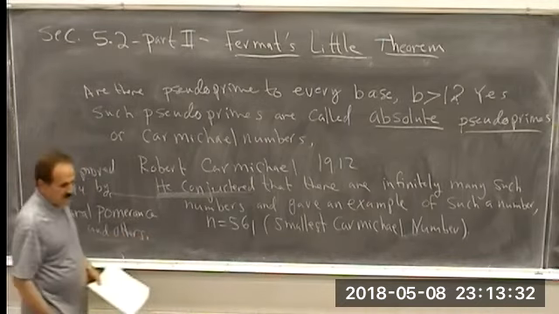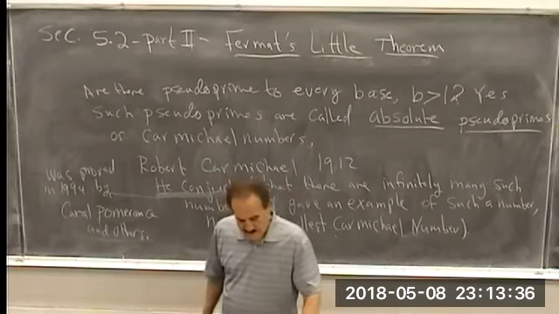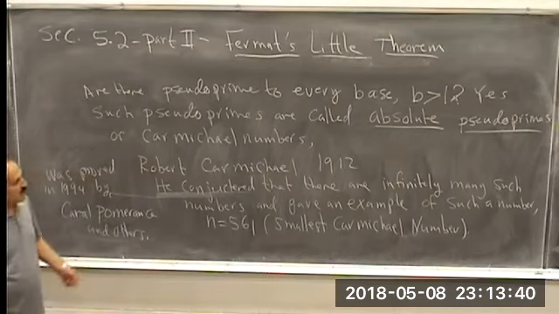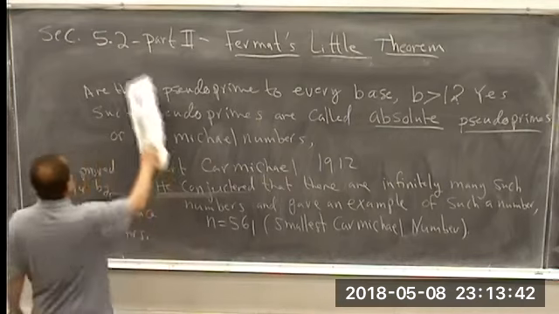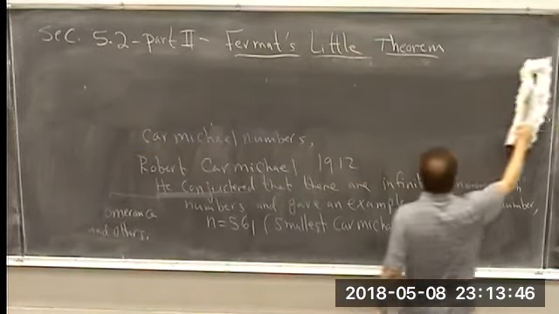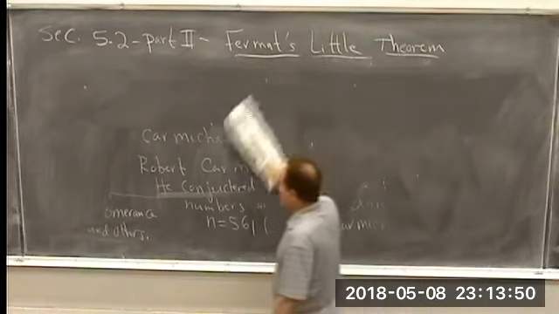These are mathematicians at the University of Georgia. All right. So let's officially define what a Carmichael number is. Then we're going to give an example and study a couple of properties of Carmichael numbers, and that would be it.